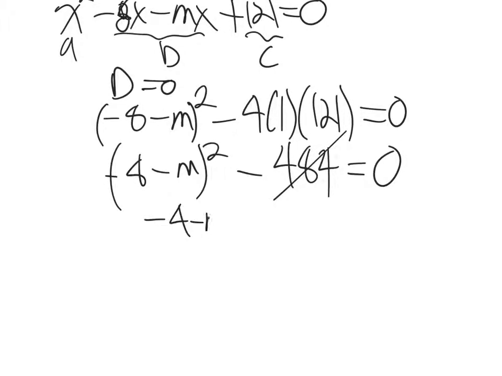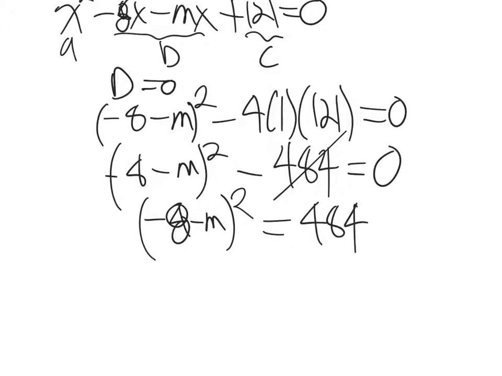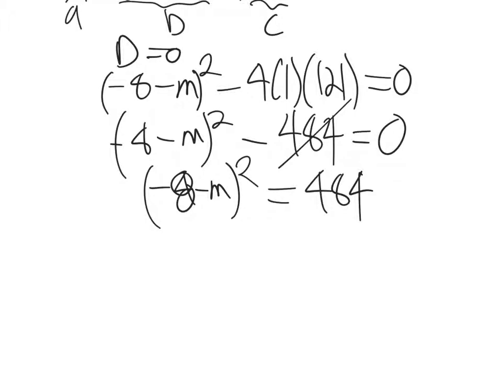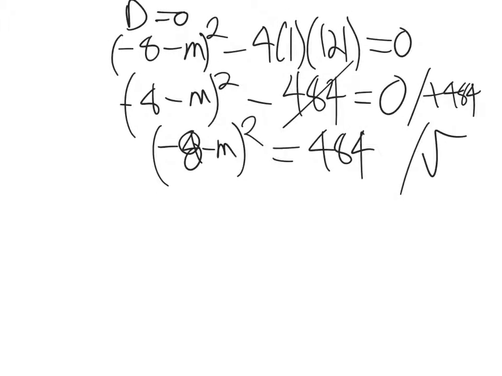Negative 8 minus m, squared, will equal 484. And then I square root both sides. Then I'd have negative 8 minus m will end up equaling plus and minus root 484, and that would be 22.